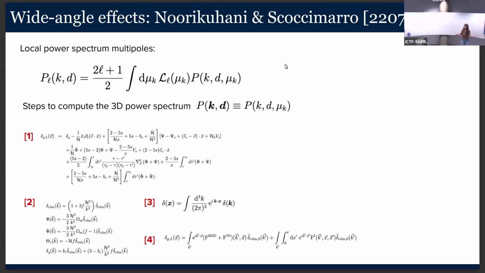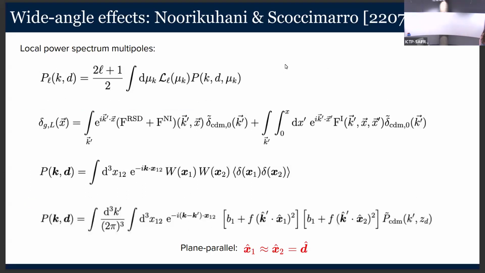But then when you correlate with the second point, you would have a different line of sight x2. The plane parallel assumes that both x1 and x2 are the same. What we want to do here is not to make this assumption, and keep these as different positions in the sky.